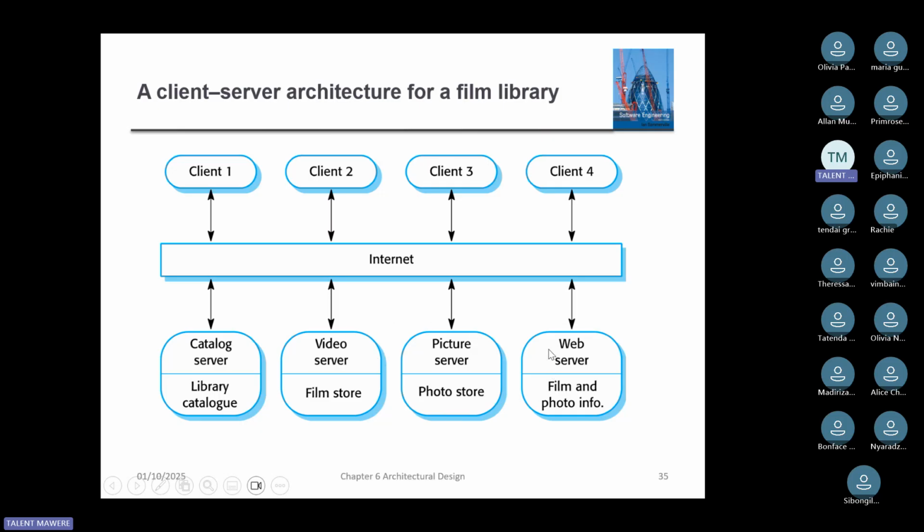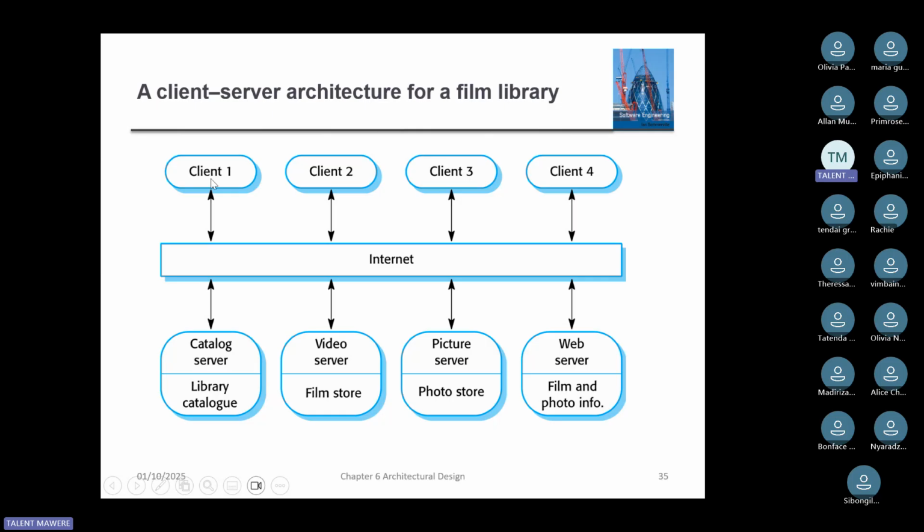Netflix stores its services on different servers. For example, there can be a catalog server, there can be a video server, there can be a picture server, there can be a web server. So the services that are offered are scattered across several servers that can be accessed via the internet.